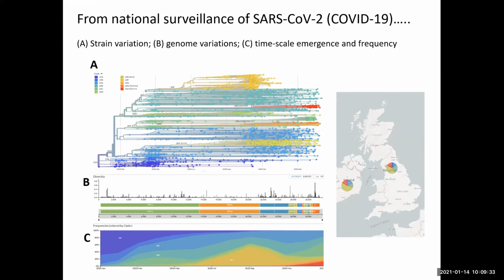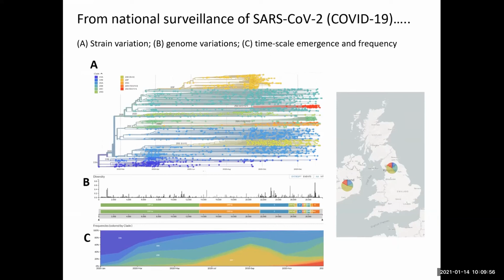The answer, of course, would be that we can, on a national scale, understand strain variation and produce trees that show the relatedness of our isolates. We can also look at the genome and look at specific genetic variations, panel B here, that might be associated with a given strain or cluster of strains on our tree.